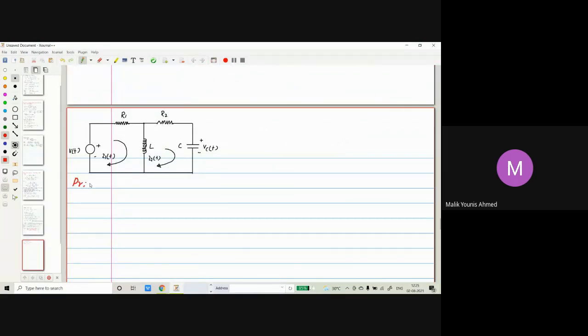Problem number 5. What's the problem? Find the transfer function that is given here, Vc of S by V of S. So this is the transfer function you have to find for the circuit shown, but he has precisely given to use nodal analysis now. Use nodal analysis technique. Okay, let us use the nodal analysis technique.